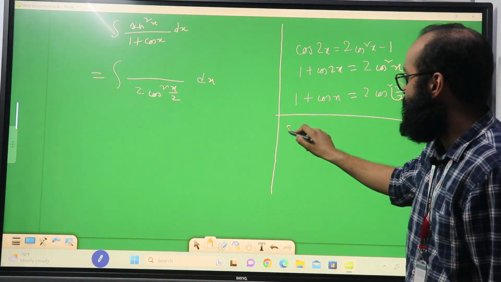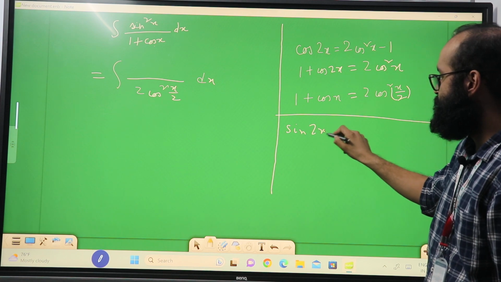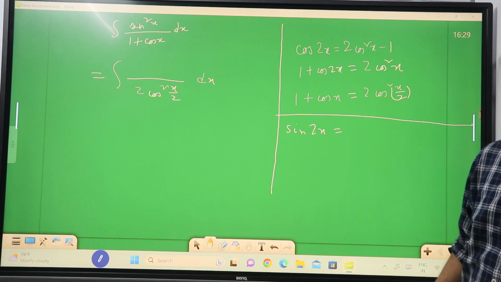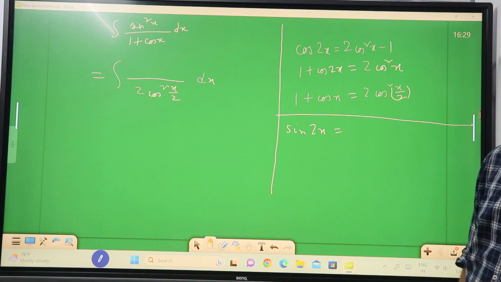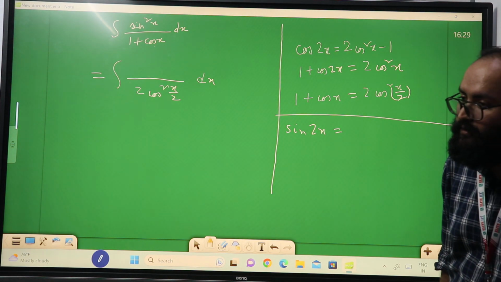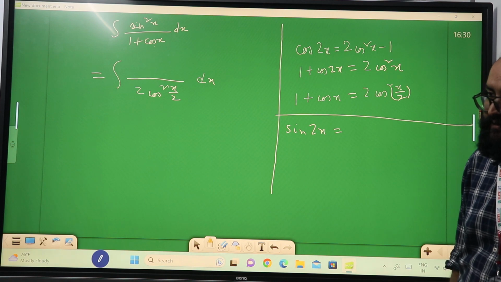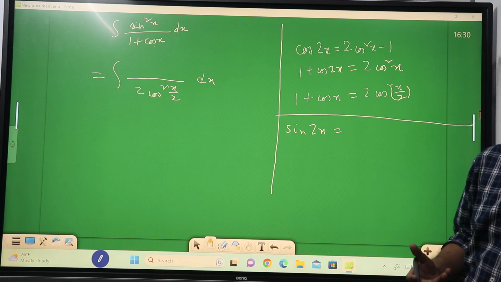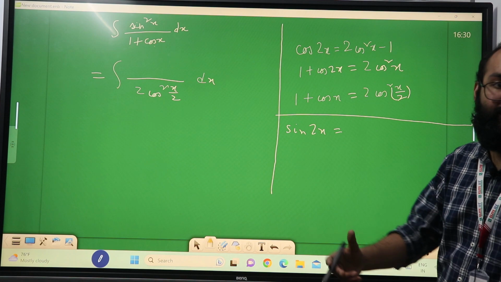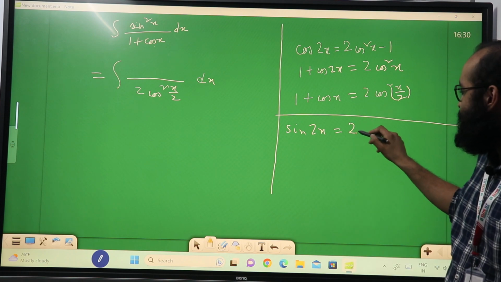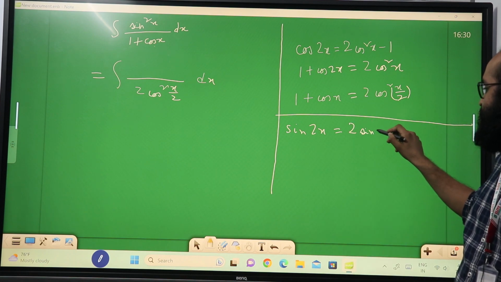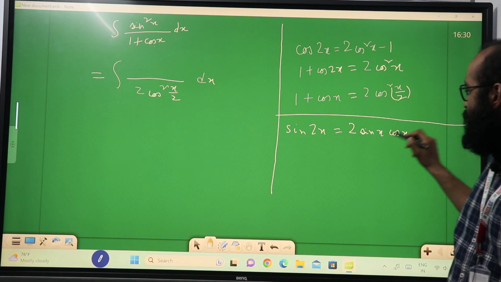What is the formula of sin 2x? Sin 2 theta formula, PUC 1. 2 sin theta into cos theta, isn't it?